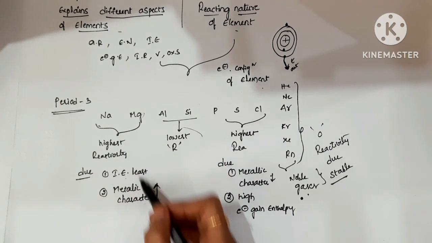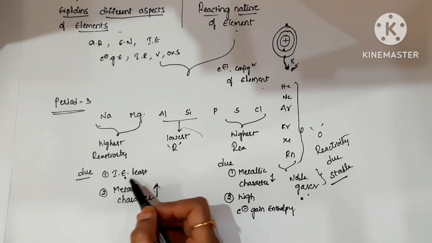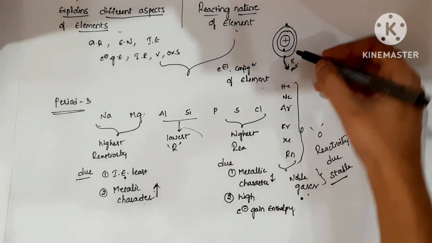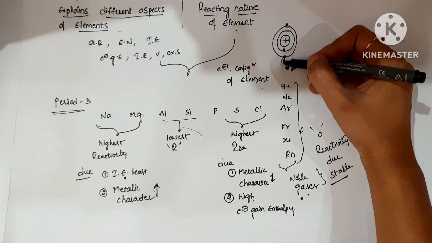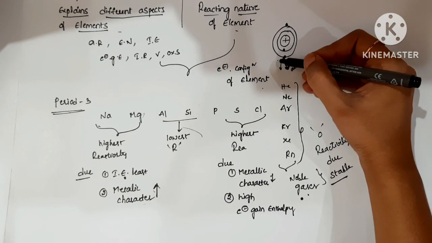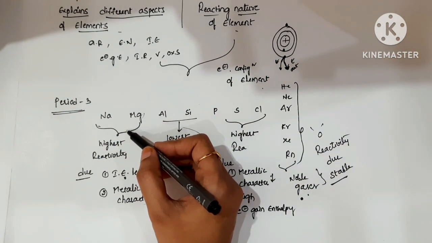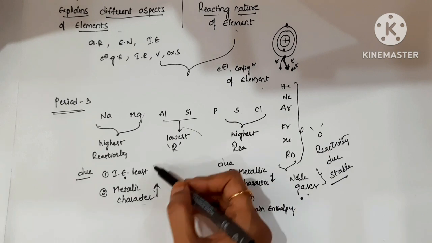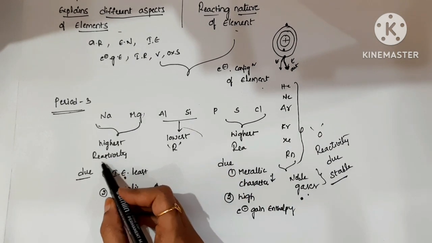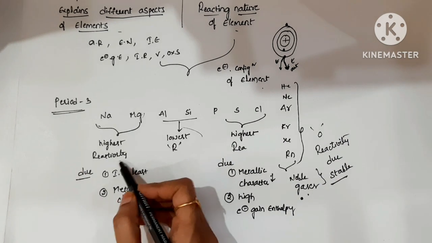Ionization enthalpy is least here, so little energy is required to remove the electron. These are the two reasons for high reactivity.